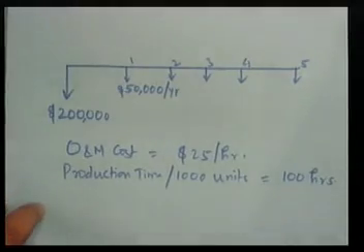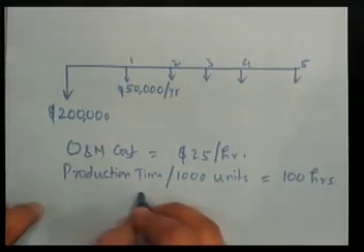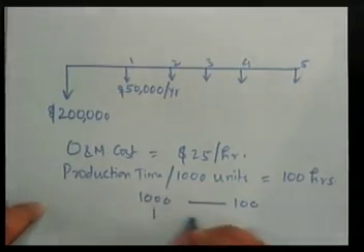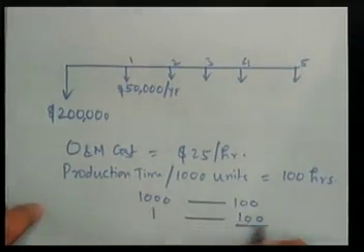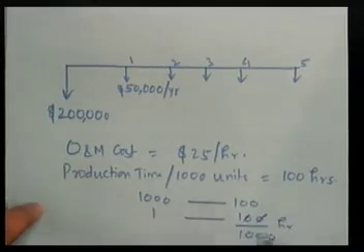That means if I am producing 1000 units, I am consuming 100 hours. So, for producing 1 unit, how much time am I consuming? 1000 units in 100 hours, so 1 unit in 100 by 1000 hours. That is 1/10 of an hour I am taking to produce 1 unit.